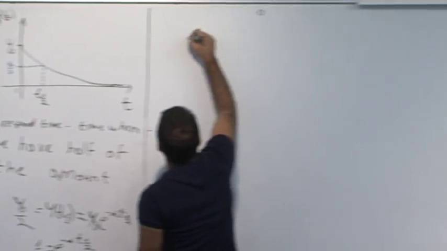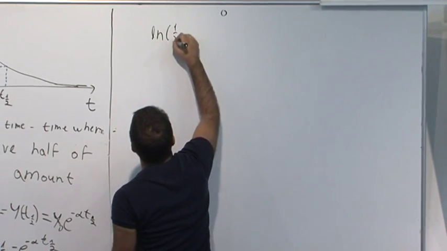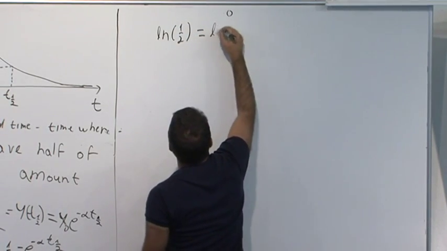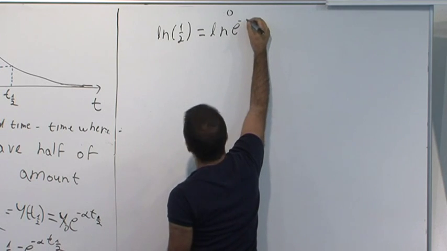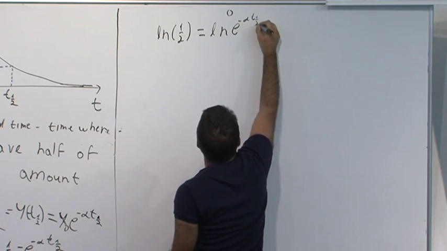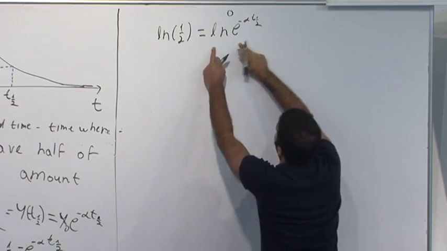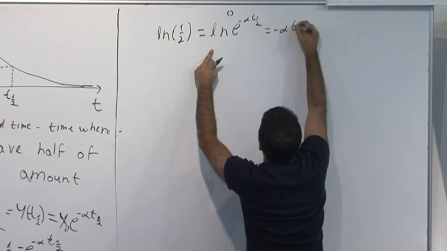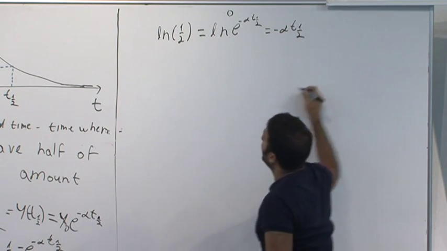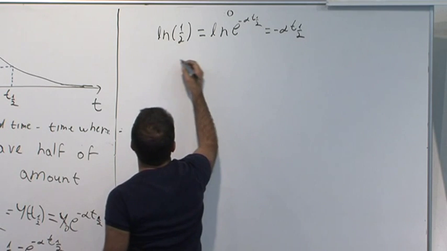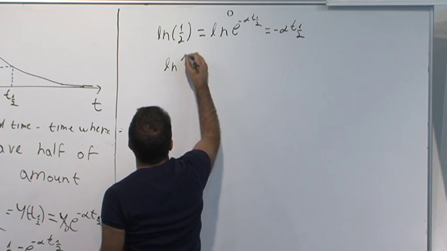So we take ln on both sides of the equation, and we have ln e to the minus alpha t1/2. Those two cancel each other, like we said. We have minus alpha t1/2, and we can divide by minus alpha.